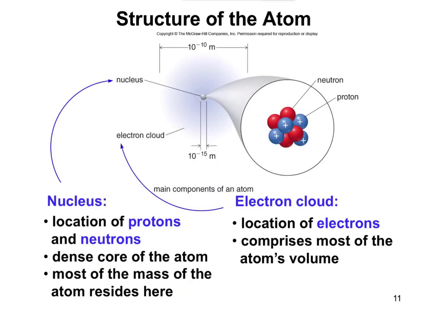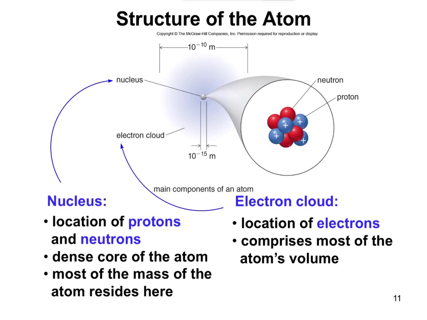All right, so here's what an atom looks like. Well, not really, but this is a cartoon diagram of what an atom looks like. If you look at this closely, you notice there is a cloud sphere that goes around here. That sphere is the overall size of the atom.